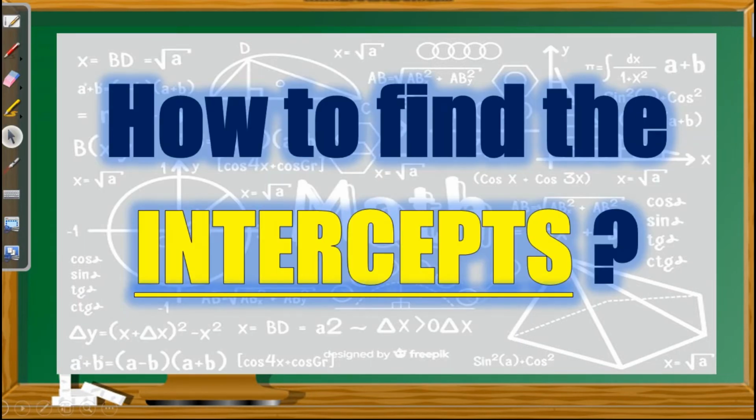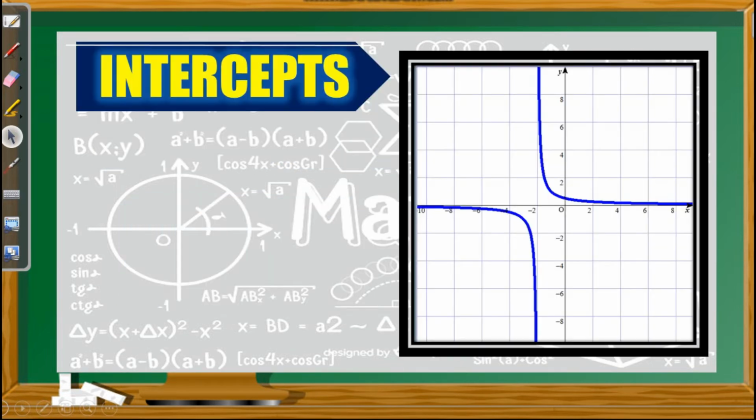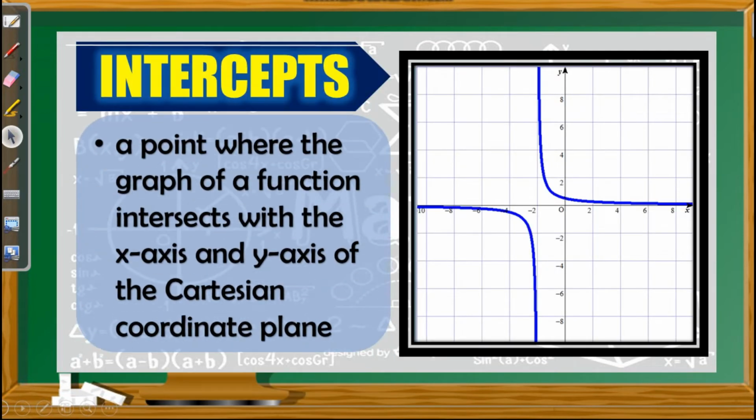Next, let us discuss how to find the intercepts. When we say intercepts, these are points where the graph of a function intersects with the x-axis and the y-axis of the Cartesian coordinate plane. So here, what you have to do is look at the x and y, and if the graph intersects at the x and y, then we have x and y intercepts.